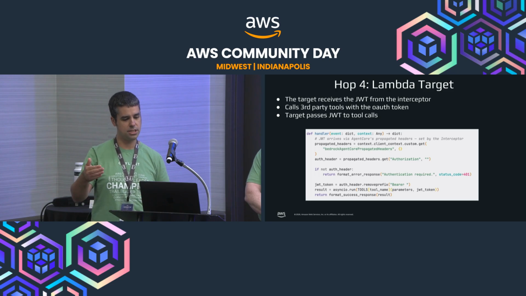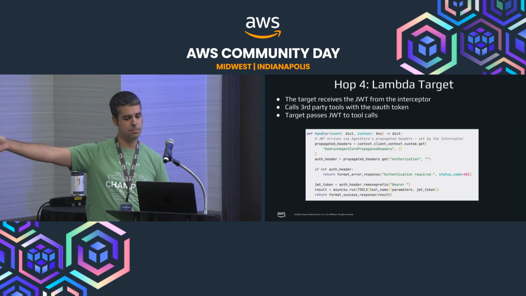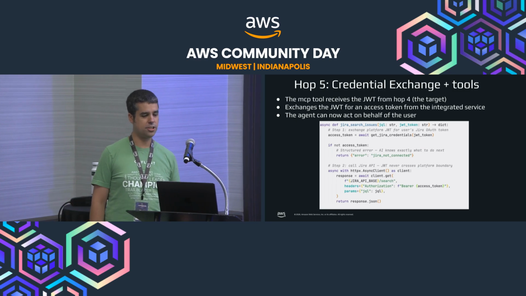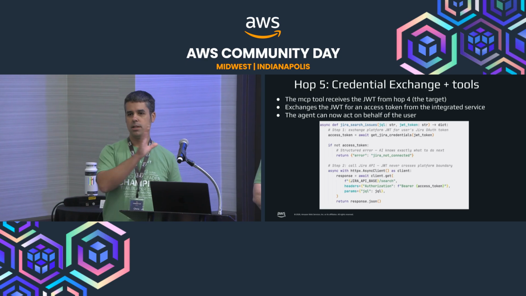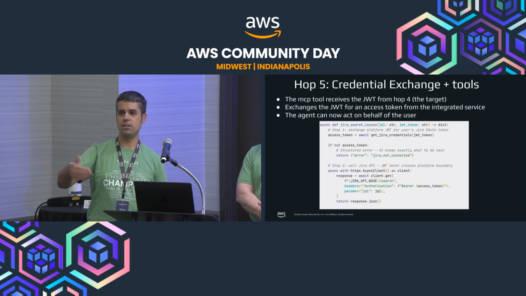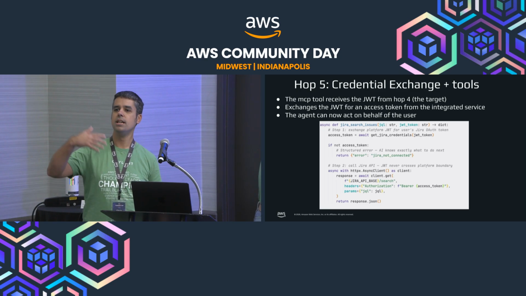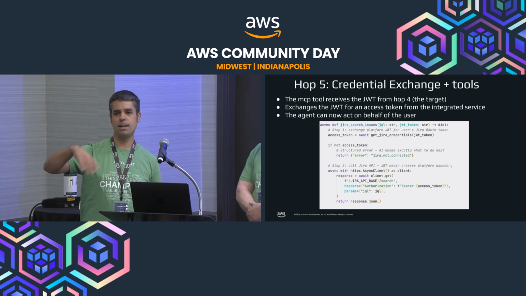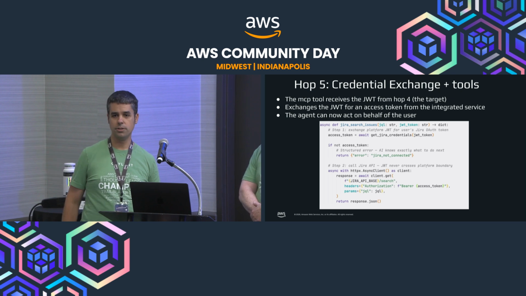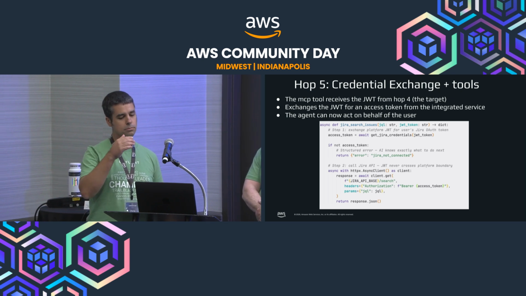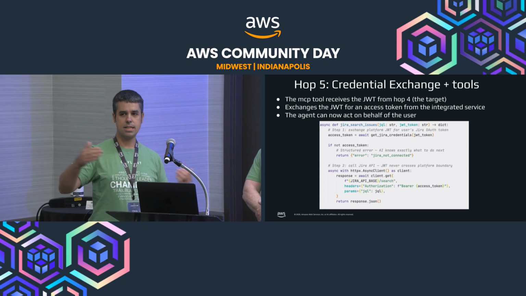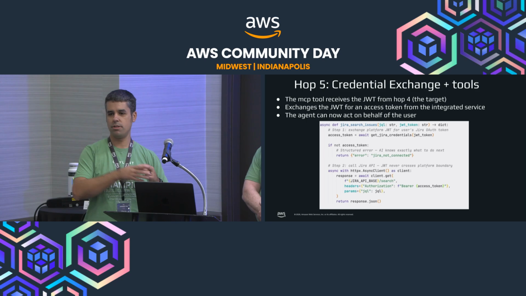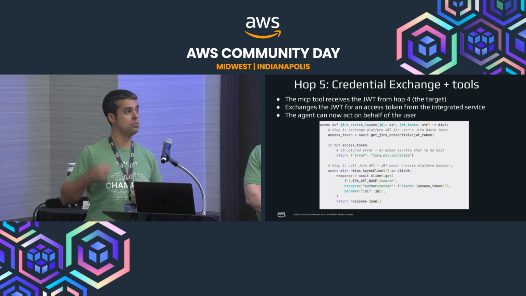Now, that JWT is passed into the downstream tool calls, which is this part. So now we do credential exchange. A part of this architecture is that we give our users the ability to call out to Jira. They can go search GitHub, all through an agent, through Claude Desktop, Web, or Claude Code. What happens is anything that the user has access to do, the user identity, the agent will be able to do, or the coding assistant will be able to do.